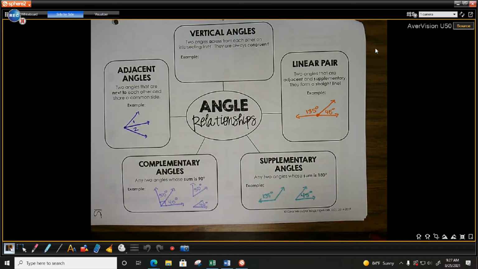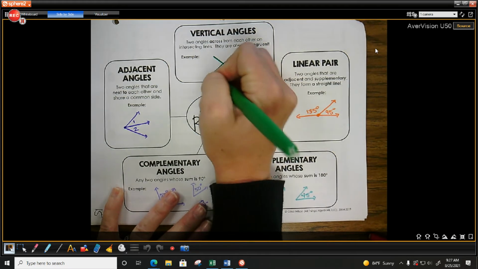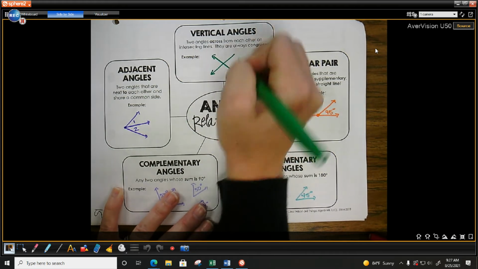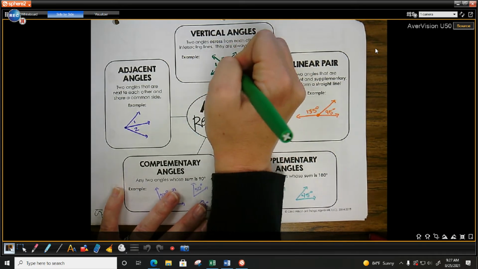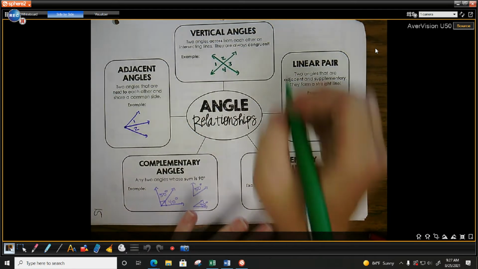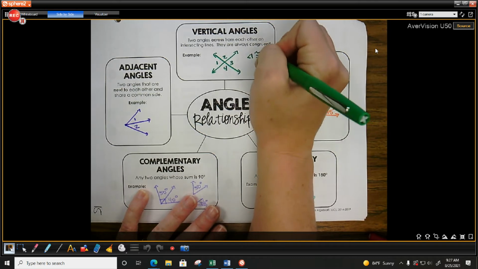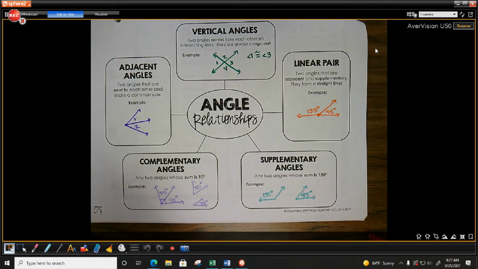Okay, then our vertical angles, two intersecting lines. Okay. So angle 1 is congruent to angle 3. We didn't say that before. Vertical angles are congruent to each other.